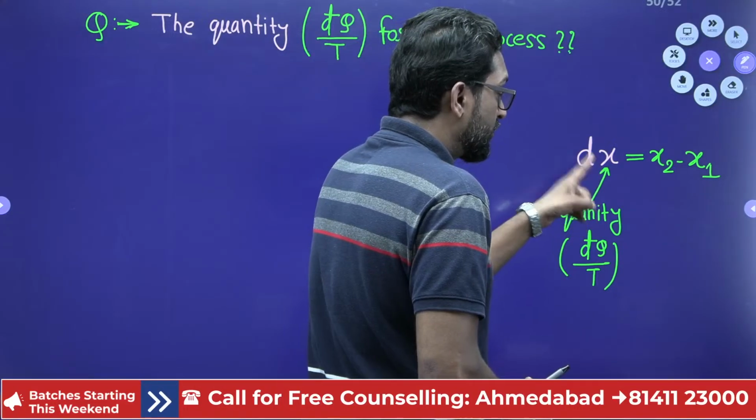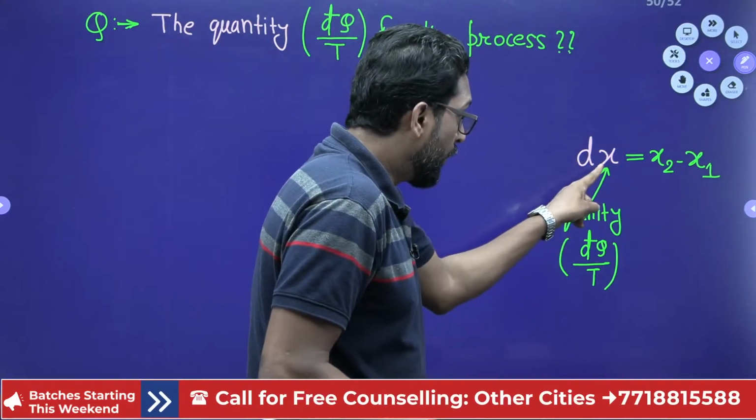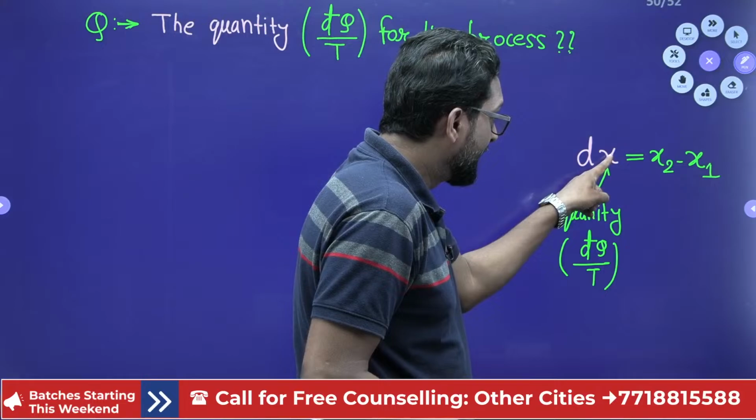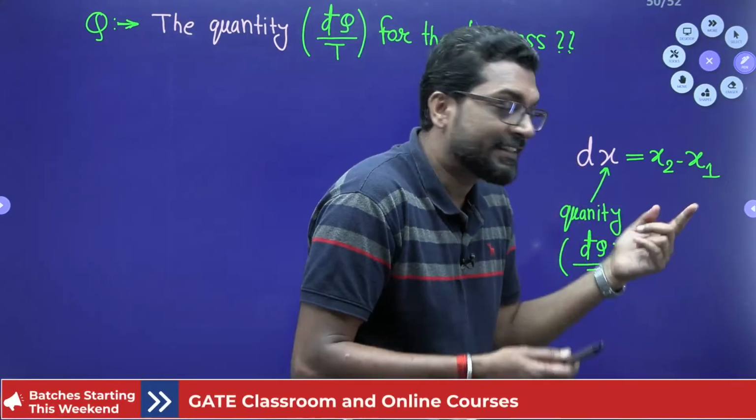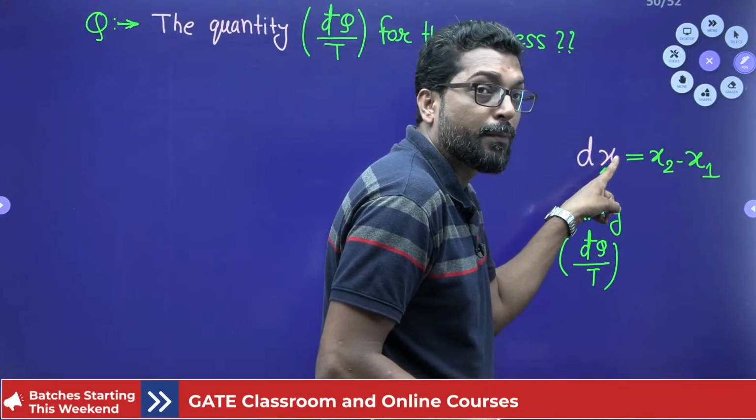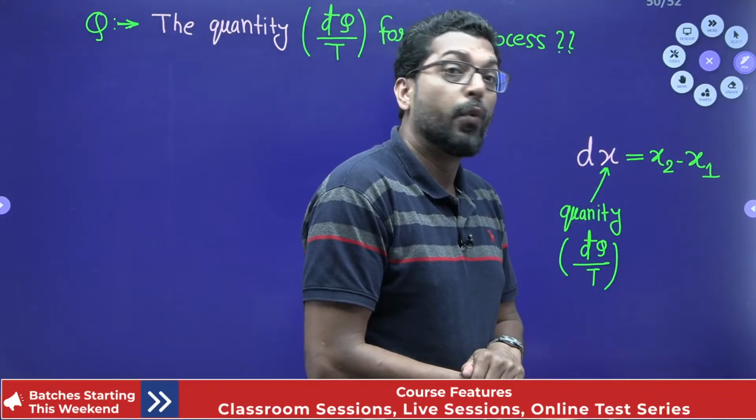Now, see my dear, whether this quantity is exact or inexact, that means whether this quantity is a system property or not.